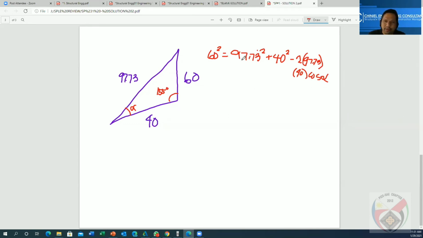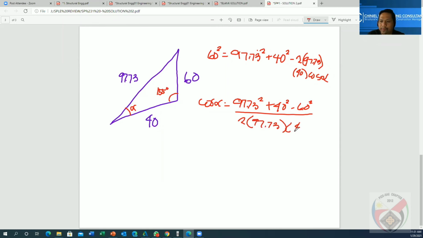Okay, any question here? Or where does this formula come from? Okay, so let's simplify. Cosine alpha, by algebra, equals 97.73 squared plus 40 squared minus 60 squared, over 2 times 97.73 times 40.